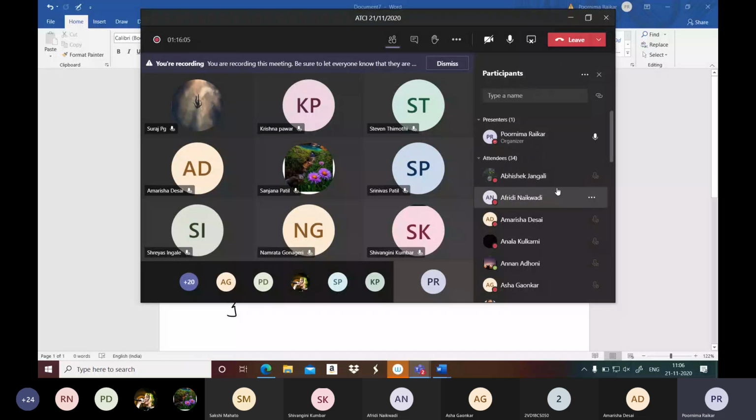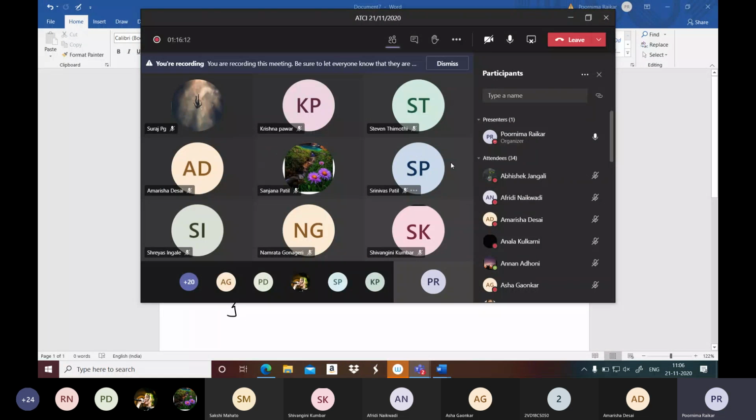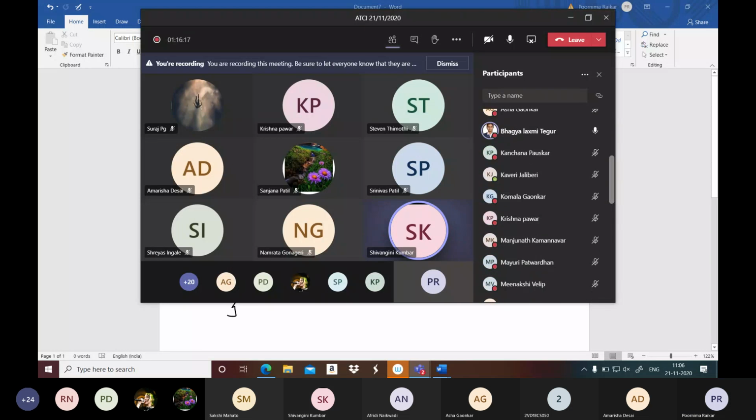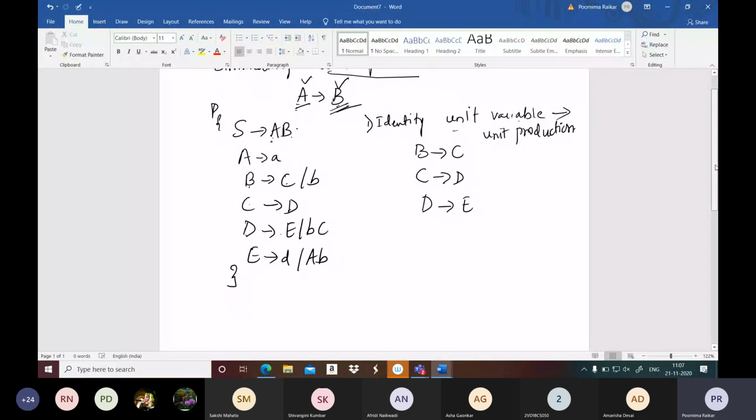Can anybody unmute yourself and tell me? Yes, ma'am. So which are the unit productions which generate a non-terminal on both sides? We call it a unit production. So in this example, these three are unit productions: B to C, C to D, D to E. All other productions generate terminals and combinations.